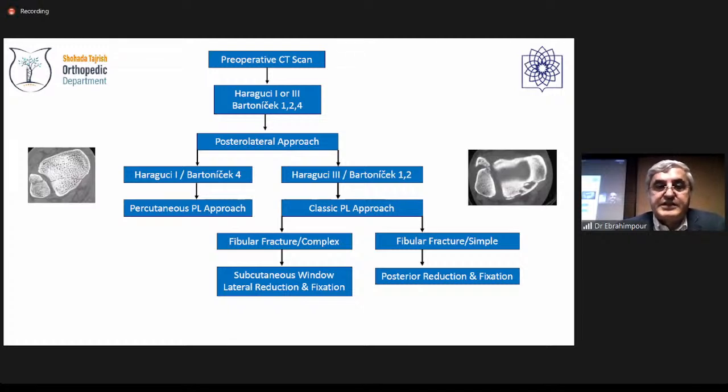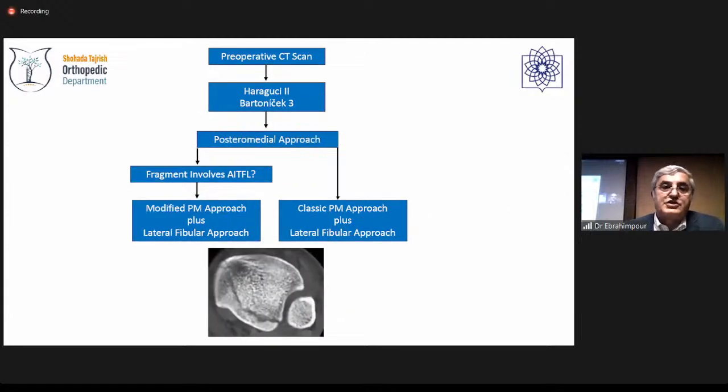And for fixing when the fibula is also fractured, it depends whether the fibula fracture is complex or simple. We can use this subcutaneous lateral window, fixing biologically, or do an open reduction and internal fixation of the fibula. But in Haraguchi type 2 or 3, as you see, the posteromedial approach is better.